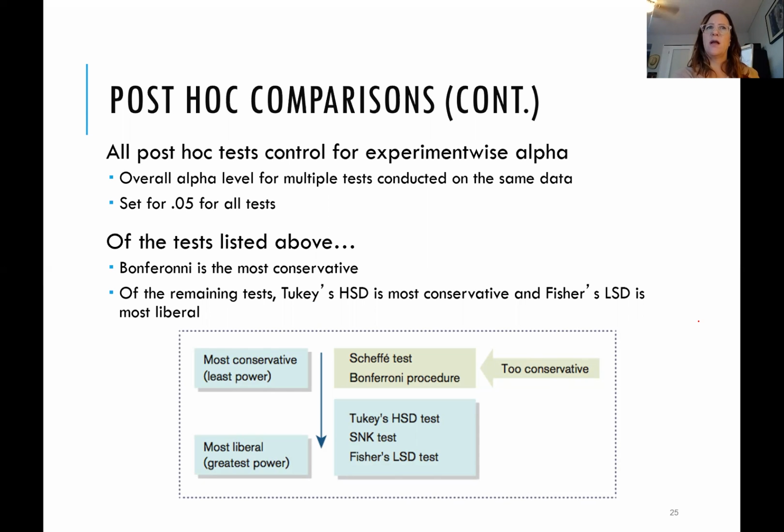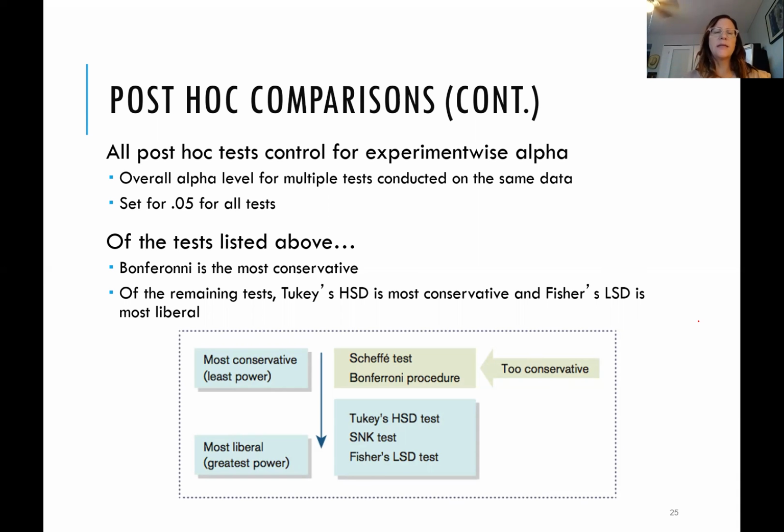So there's a 5% error between that. And then let's check between group 1 and group 3. Okay, there's another 0.05. And then between group 2 and group 3, and there's another 0.05. So what that does is that it adds together and creates a 15% error. So what we need to do is control for experiment-wise alpha, which is basically the error.